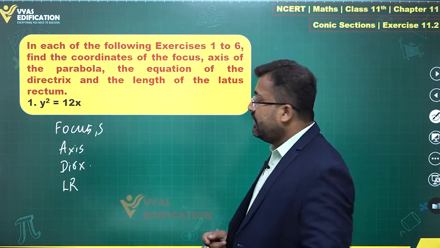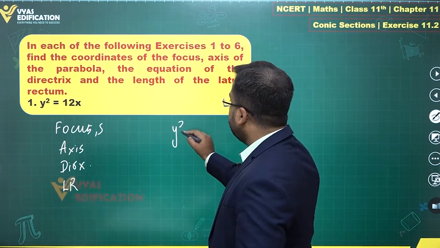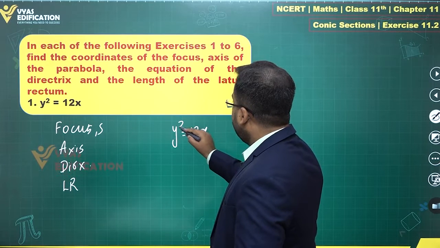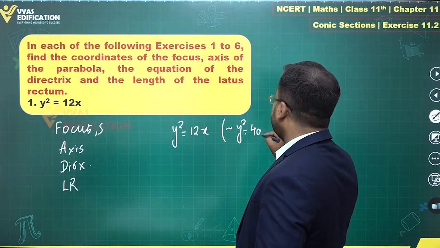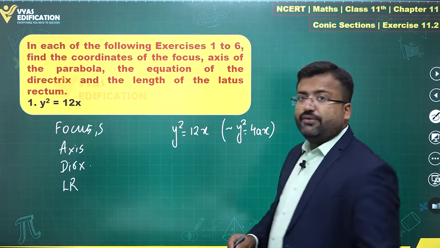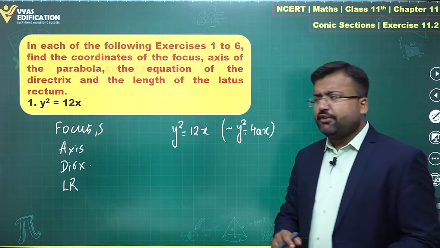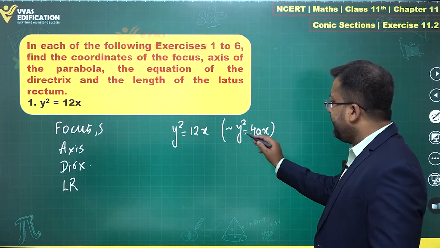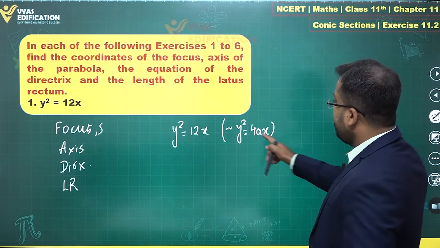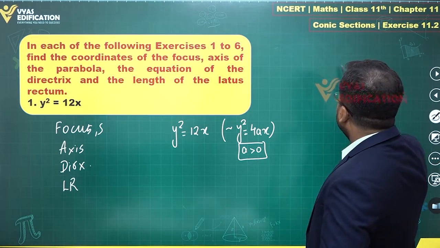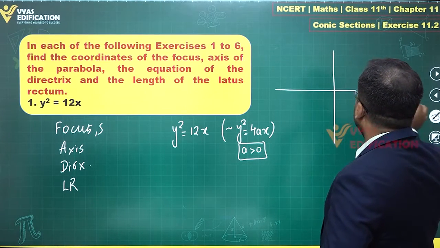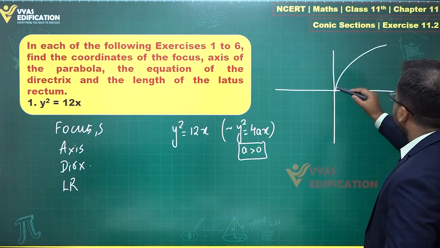Now y square is equal to 12x is similar to y square is equal to 4ax, and we should be aware of all the terms related to this y square is equal to 4x with the help of this diagram. If a is greater than 0 over here, then the graph of this particular parabola will look like this.